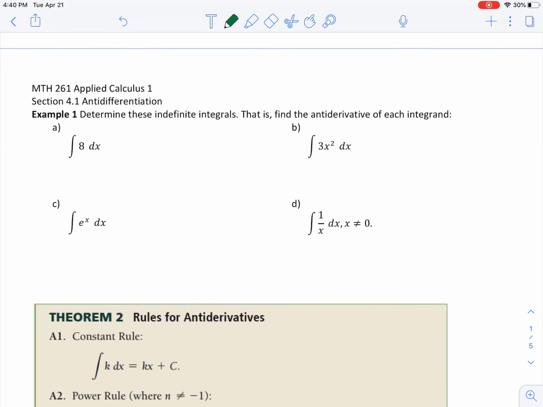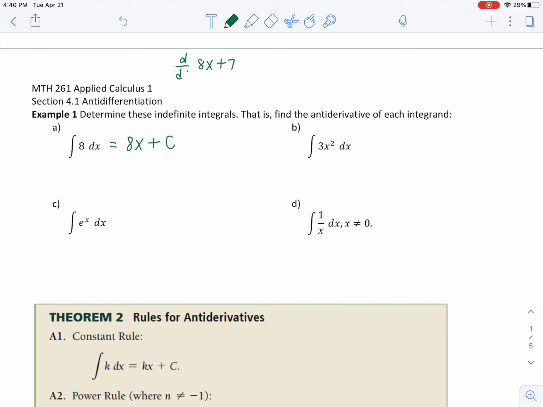So all right, that's really it for how to read and what it is, but let's actually do them. Let's actually find some indefinite integrals and find these antiderivatives. Okay, so first, I'm not going to give you any rules yet. We're just going to do this by knowing that antidifferentiation is just the reverse of finding the derivative. So here's a question. What kind of function has 8 as the derivative?